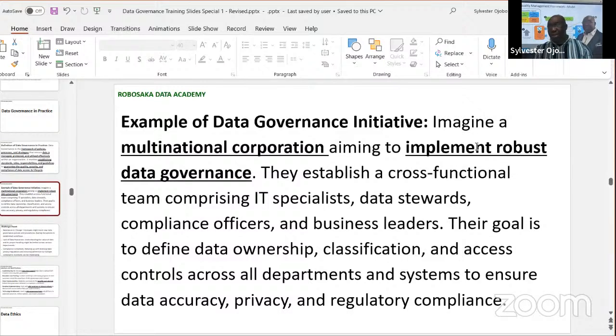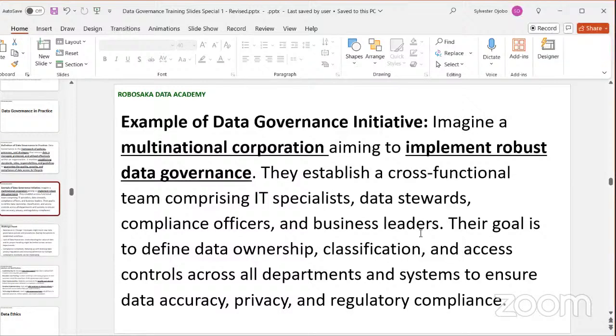You can't do that without a cross-functional team you need to collaborate with. Why do you need to collaborate with these people? Just so that the data can be managed, protected, and utilized effectively. That's the purpose of it.